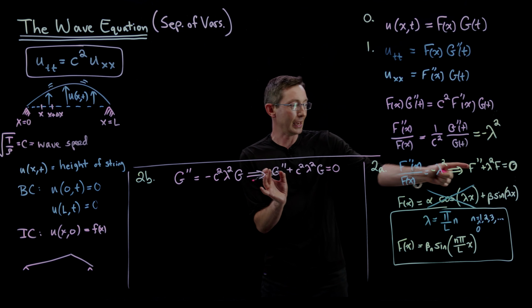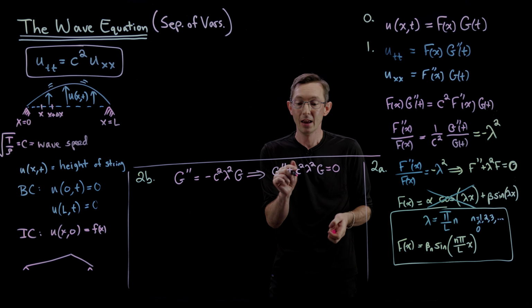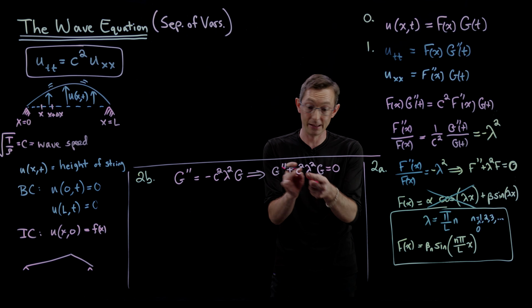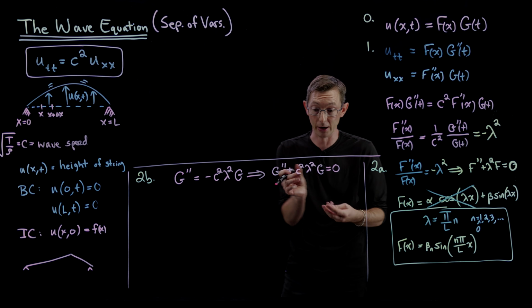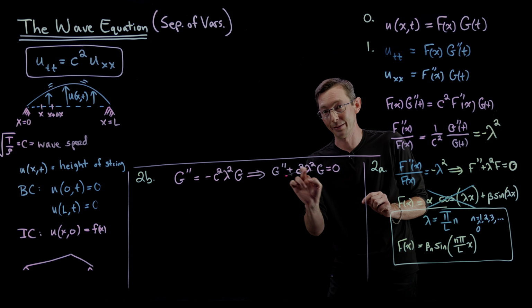This is basically the same type of equation. This is also an ordinary differential equation that has the same form as a mass on a spring. And now instead of the frequency being lambda, the frequency is c times lambda here.